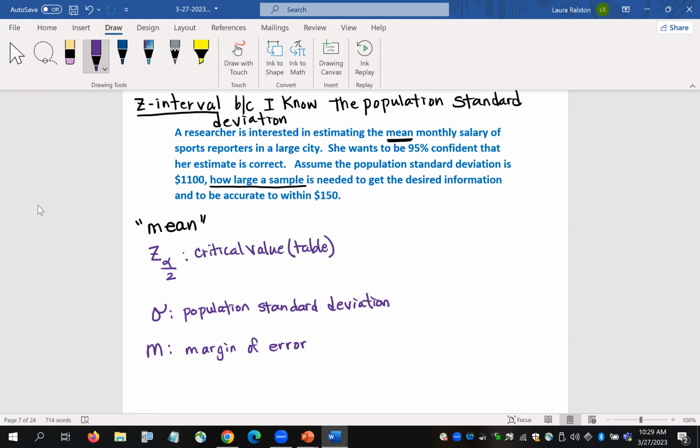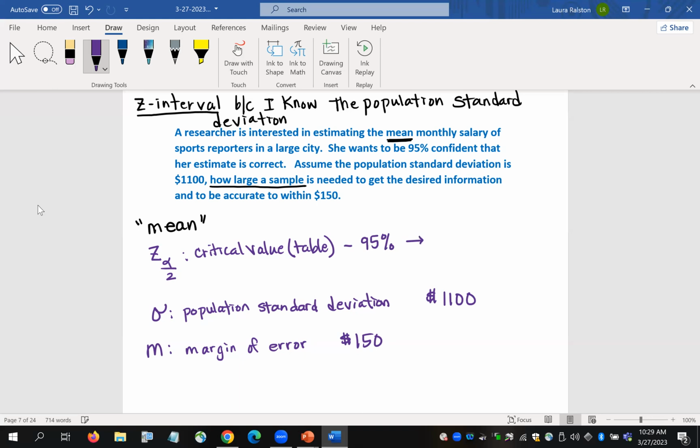Okay, so my population standard deviation, it says, is $1,100. It says I want to be accurate within $150, so that is my margin of error. And my critical value needs to correspond to 95%.